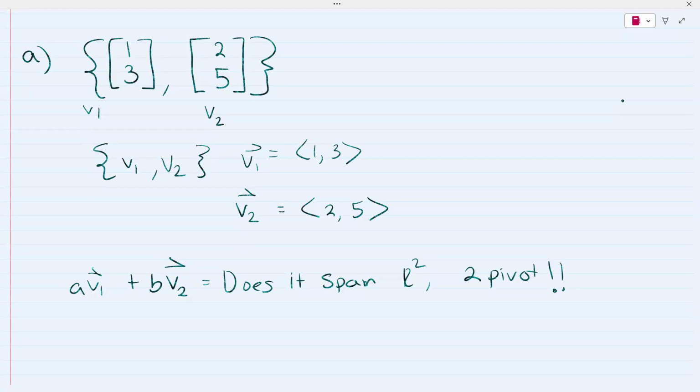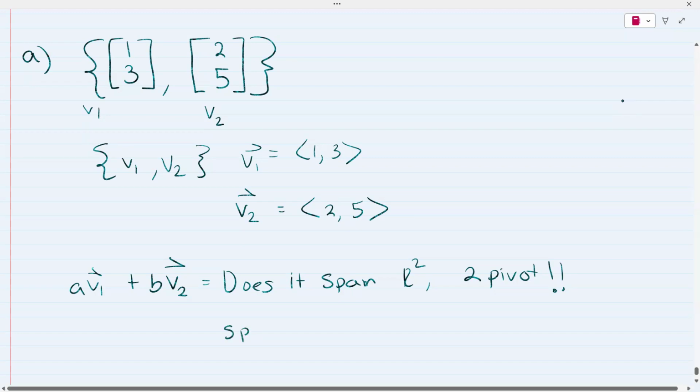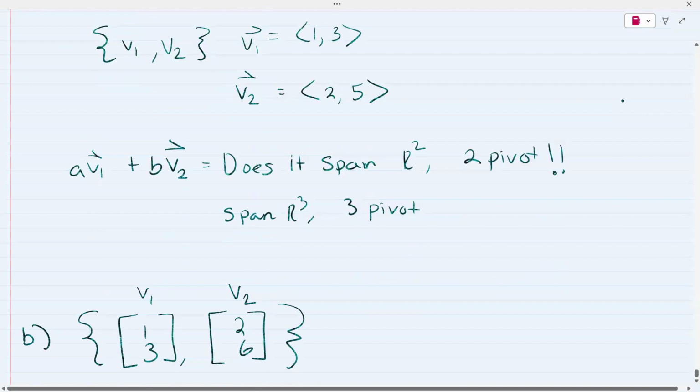What about does it span R3, or three pivots? If we do this, it would be 1, 3, 2, 5.